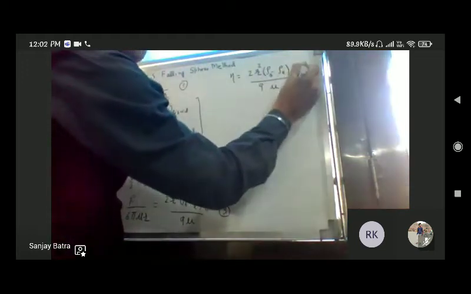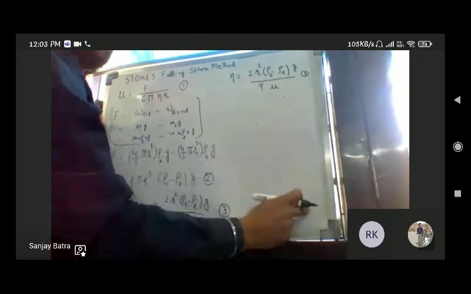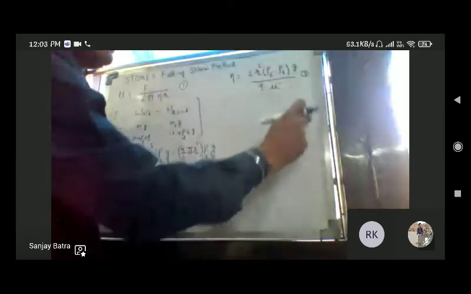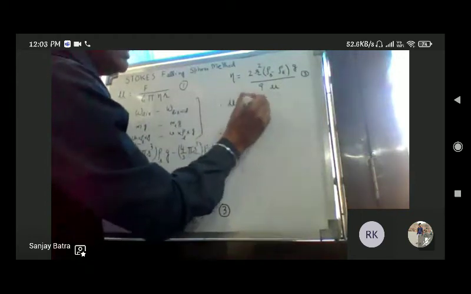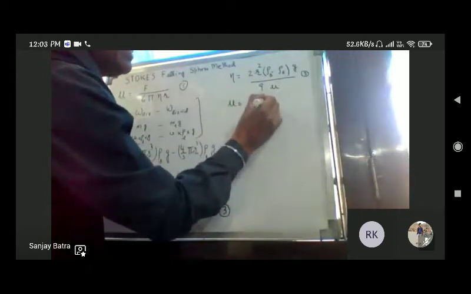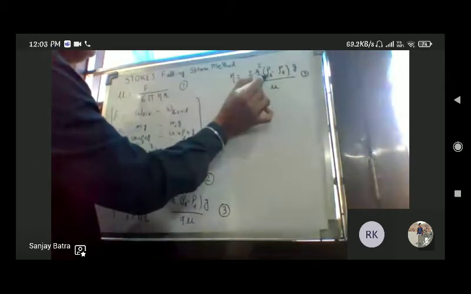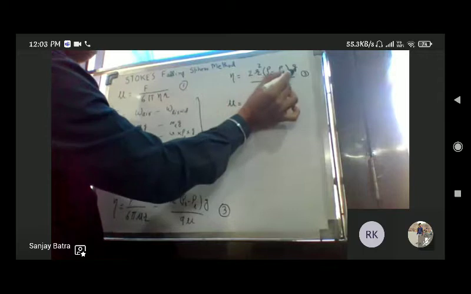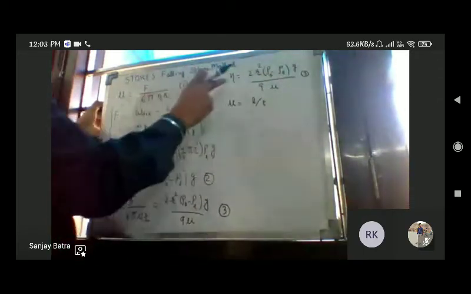One is you have one liquid that we have already taken. Between the 2 marks A and B, we can know the distance between A and B and find out time of flow. So u would be equal to distance covered divided by time. And if you know the radius of the sphere, density of solid, density of liquid, value of g, you can find out the value of viscosity of an unknown liquid.